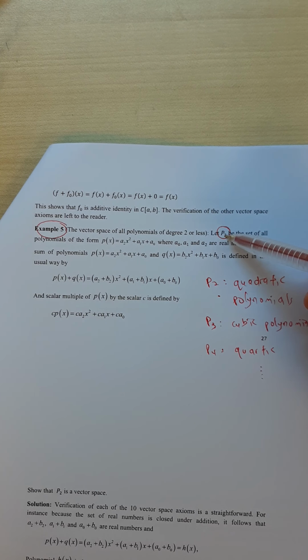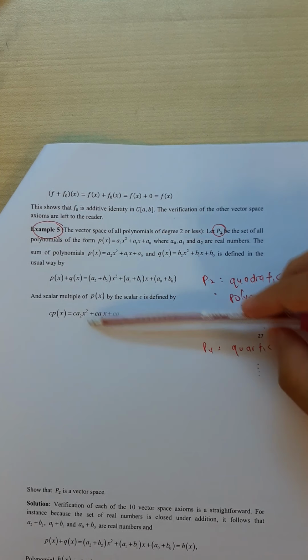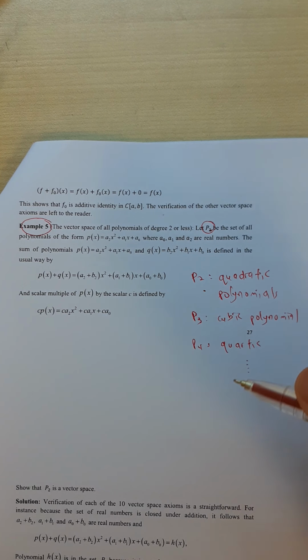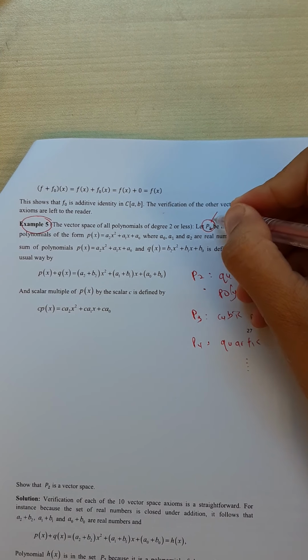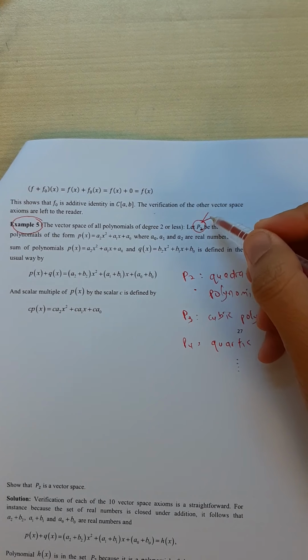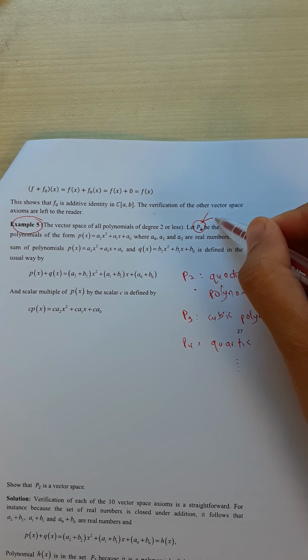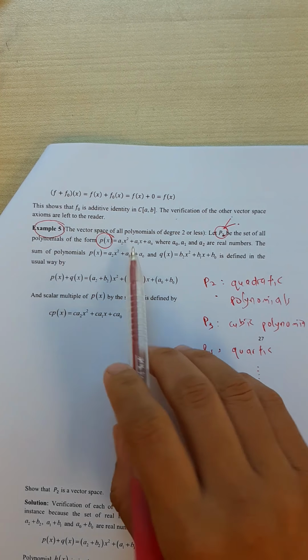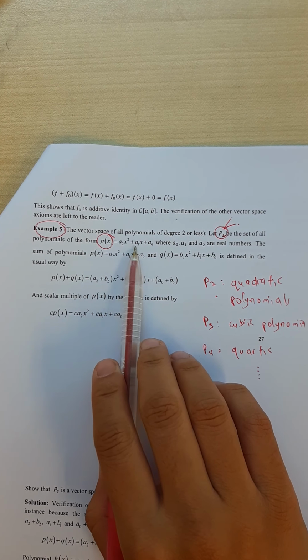Okay, so the best way of solving this kind of question is that when you're given a set P2, you extract out 2 examples from here for you to perform the vector addition and also the scalar multiplication. You see in this example here, they took out P(x). So you can just randomly assign a2, a1, a0.